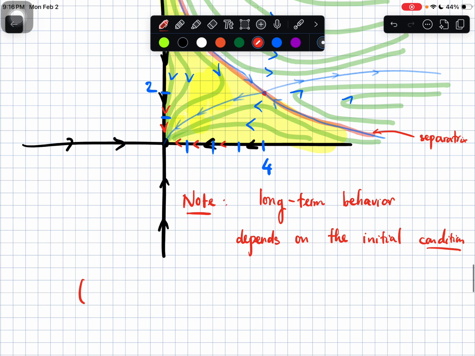If the initial condition is below the separatrix, both populations will go extinct, and above the separatrix, they grow unbounded.